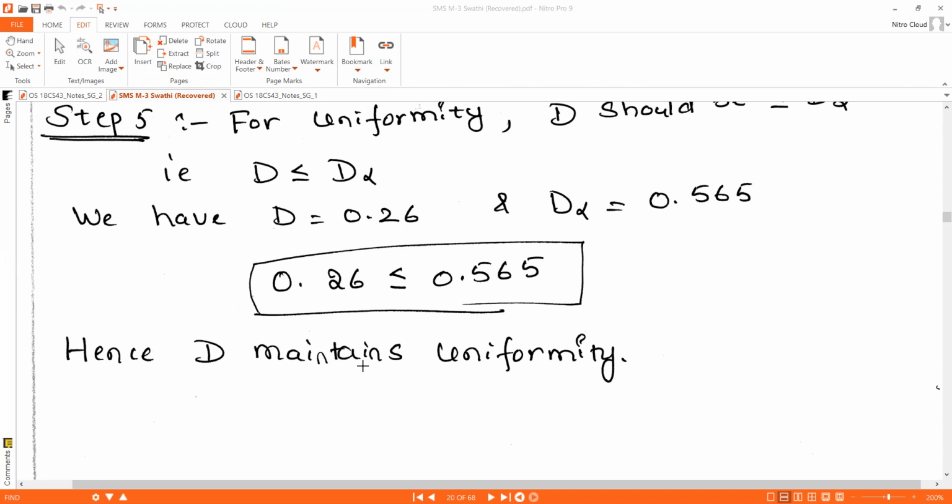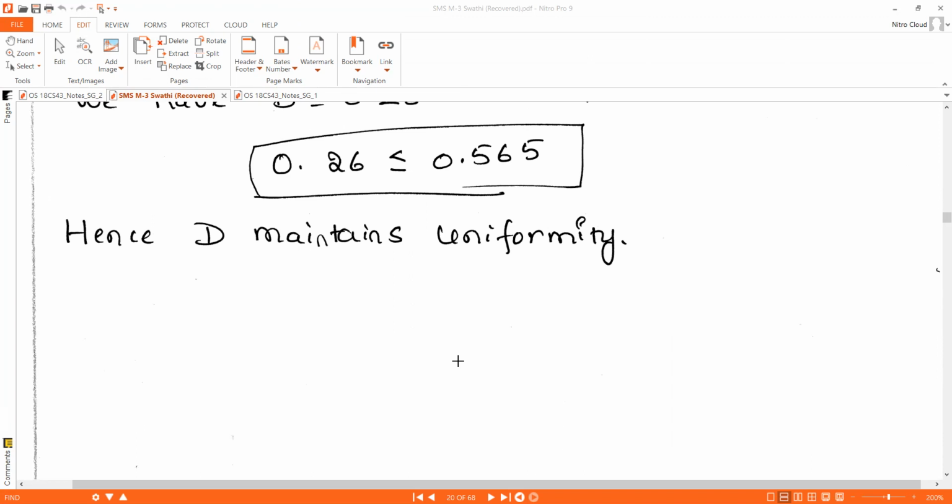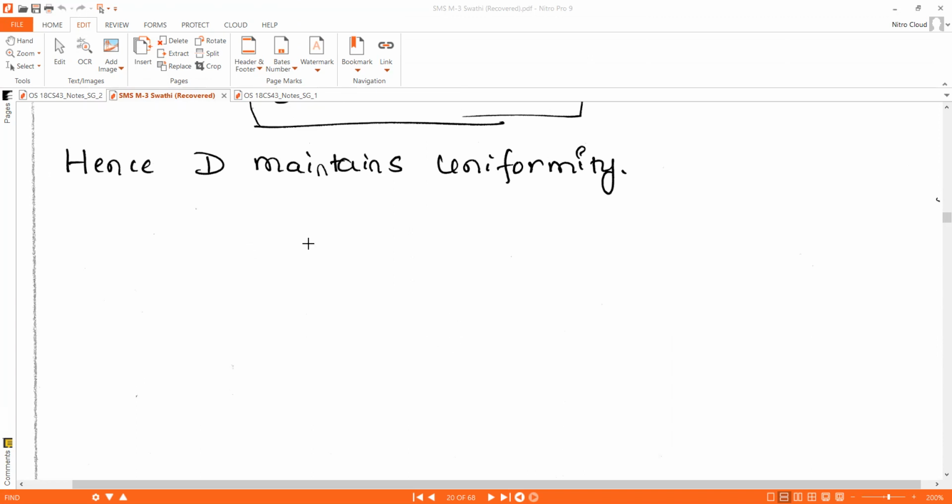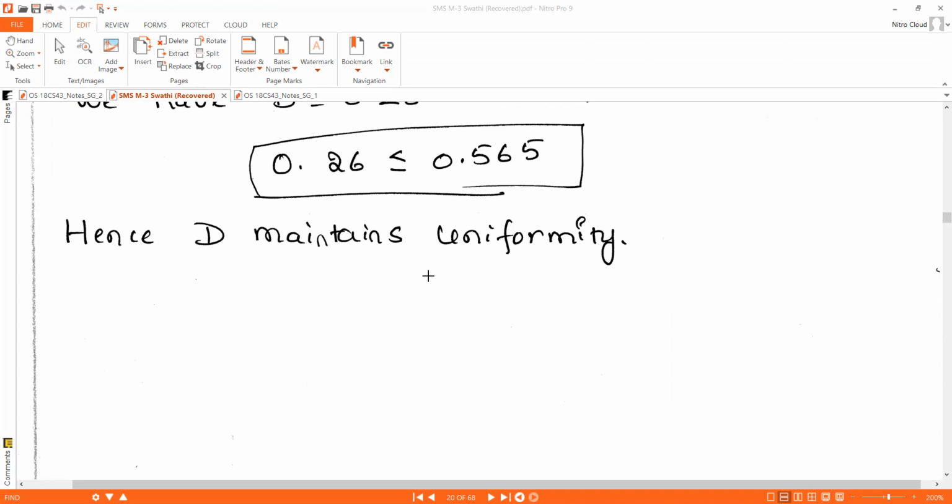So it is, hence D maintains the uniformity. These random numbers follow the uniformity property of random numbers, so the given set of numbers are random numbers which follow the uniformity property. Like this, we need to solve the problem.